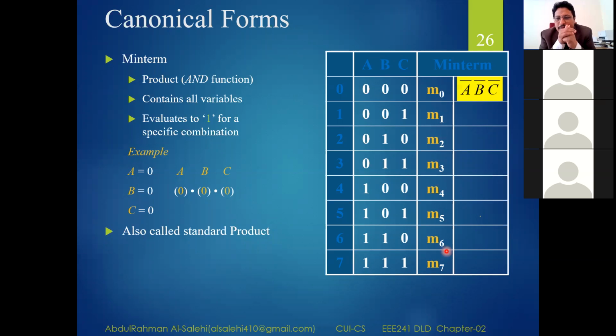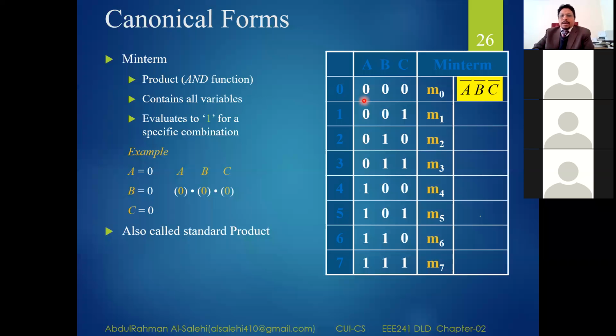Now I have to get my results. To make the first one, 0, 0, 0, equal to 1, what I will do in this case is just invert the values. I will invert A, so it will be A prime, B will be B prime, C will be C prime. So A is 0, and the complement of A, how much is it?